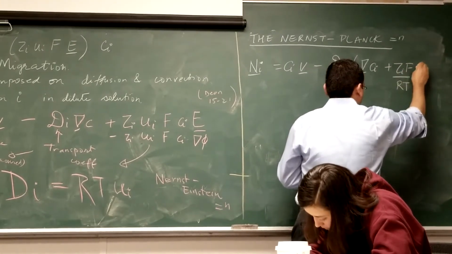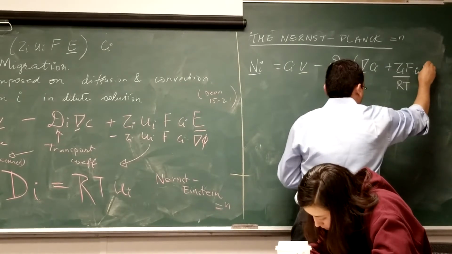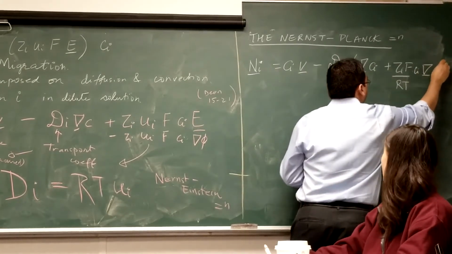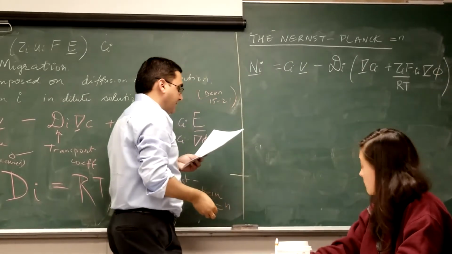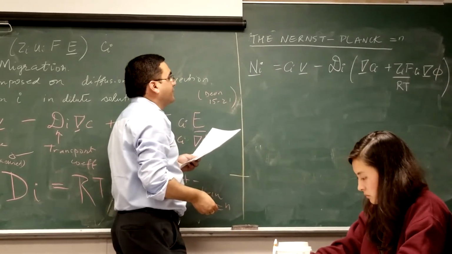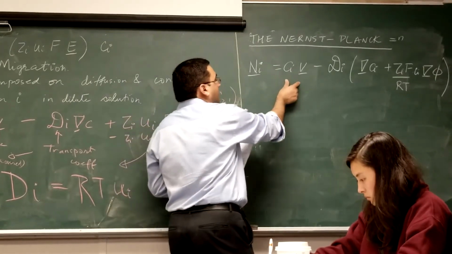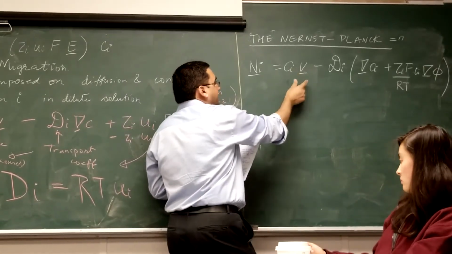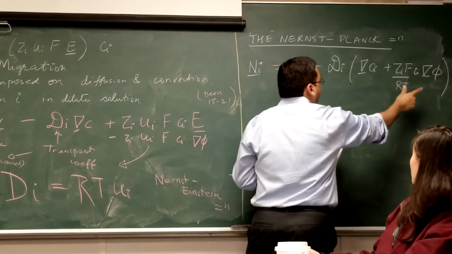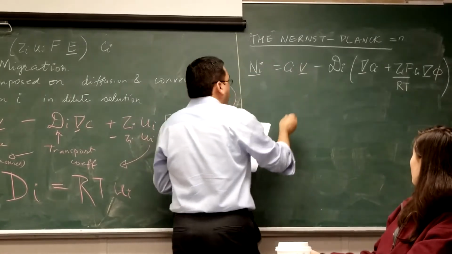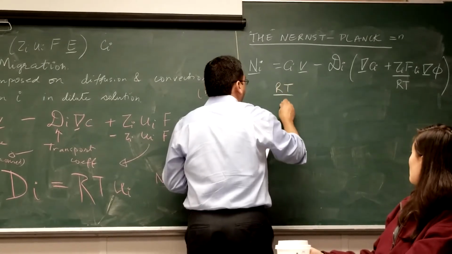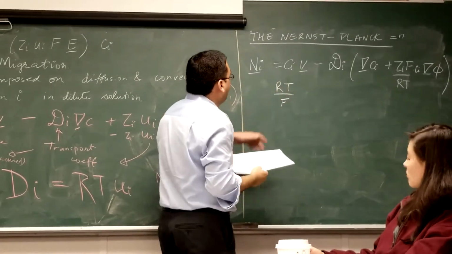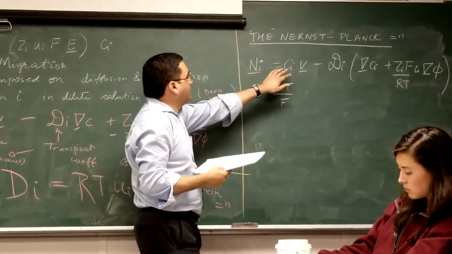So if I use the Nernst-Planck equation, then we get again the convection term, diffusion term, migration term, and what we also get here is RT over F. Now if you think about all the units or dimensions, this is Ci times v.